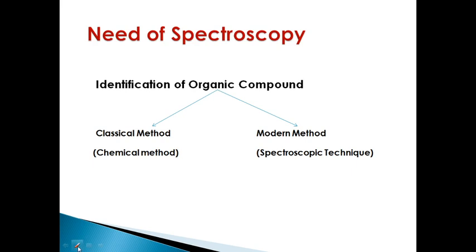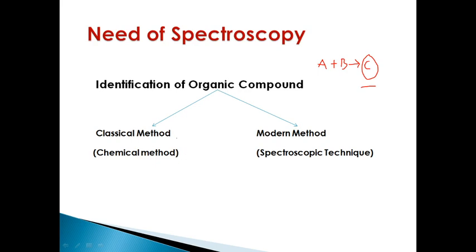That means, suppose in a reaction A reacts with B, it will give C. To know the structure of the organic compound formed in the reaction, we have to follow a particular method called the classical method. In olden days we used the classical method, or a chemical method.